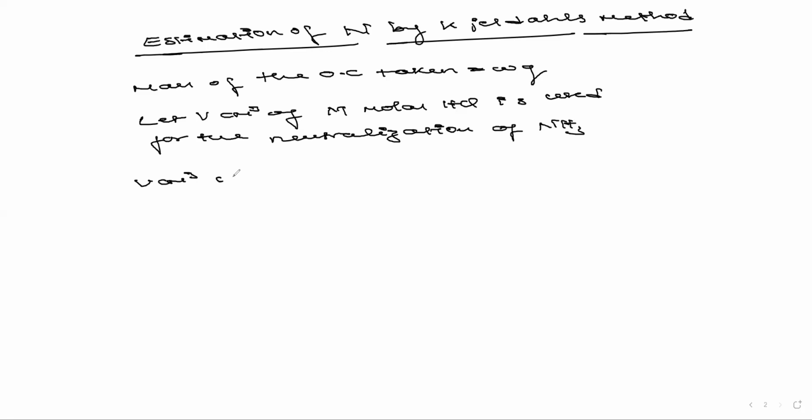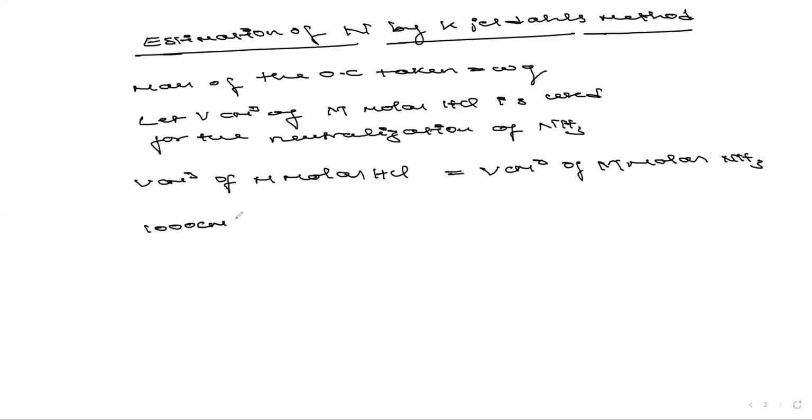Next, V centimeter cube of M molar HCl is equal to V centimeter cube of M molar ammonia.